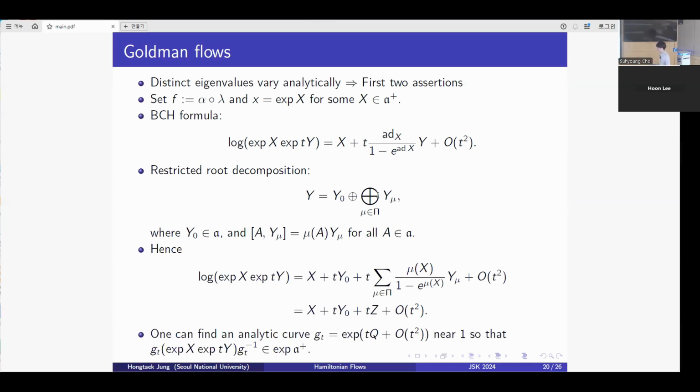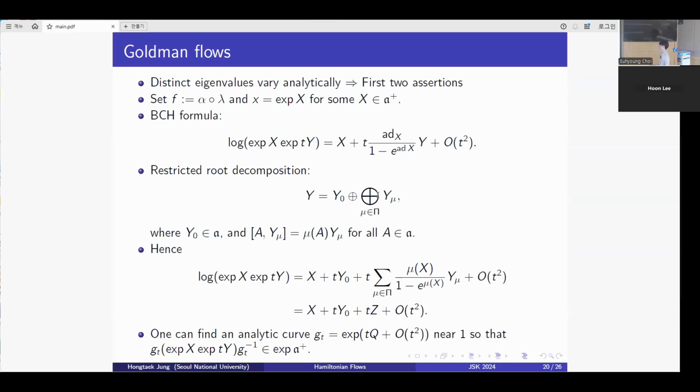Then you can find an analytic path that passes through the identity element. By taking the conjugation, we can take this element into the positive Weyl chamber, because for small enough t this element is purely loxodromic, so you can always find such an analytic curve.